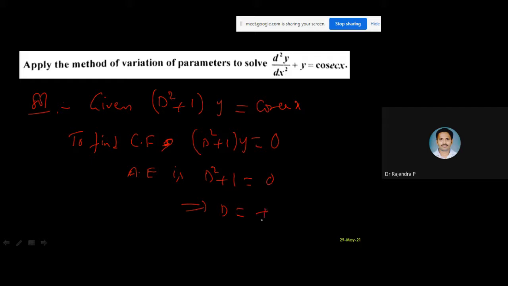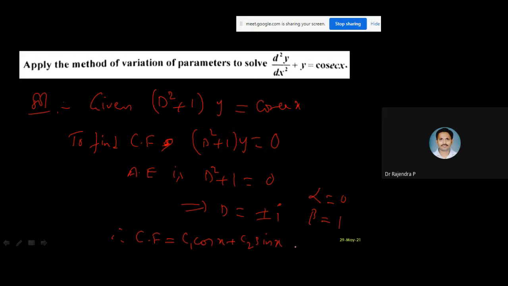D is equal to plus or minus i. So what is your complementary function? CF is equal to e power alpha x; the alpha value is 0 here, the beta value is 1. So e power 0x means 1. CF is equal to C1 cos x plus C2 sin x.